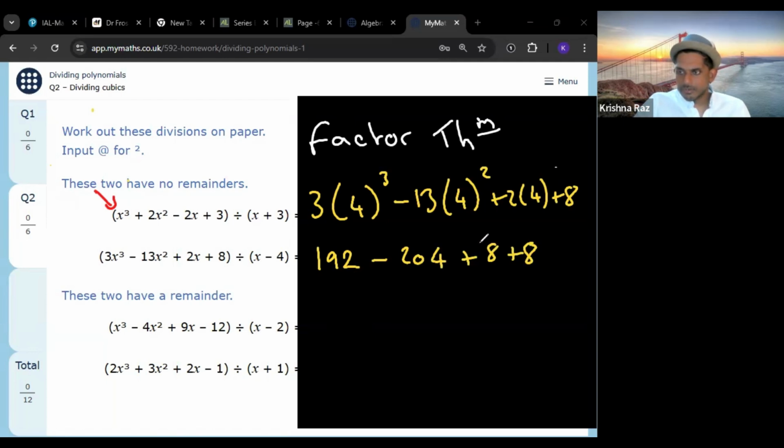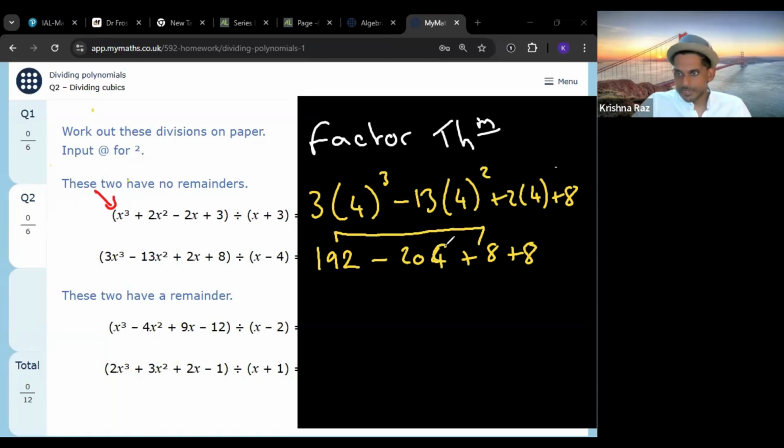So if we add 8 onto there, we get 200. Yeah? 13 times 4 squared, 13 times 16.